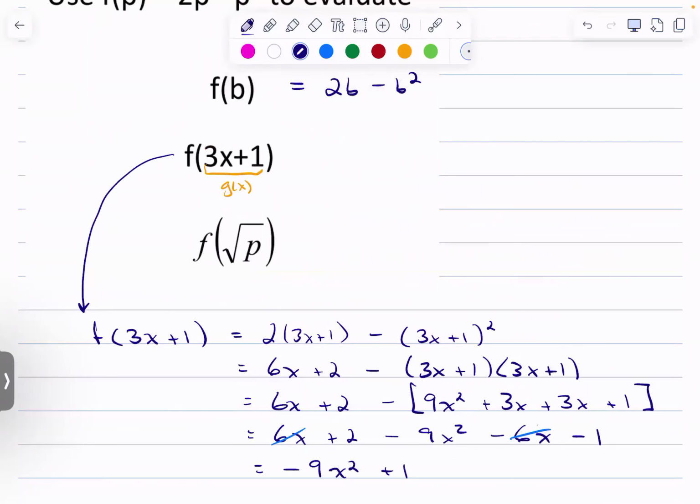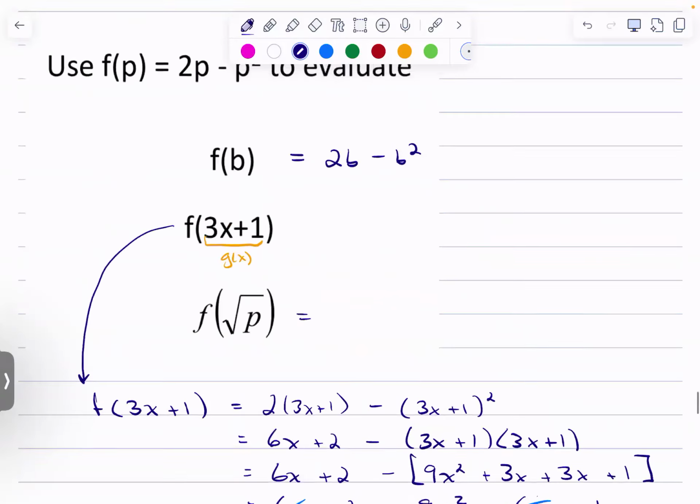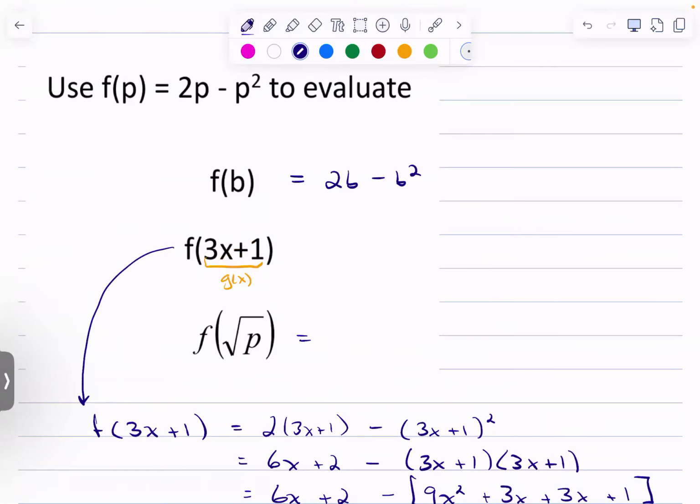So here, we already know how to do this with functions, right? We just never called it composition of functions. Well, here we're back to simpler times.